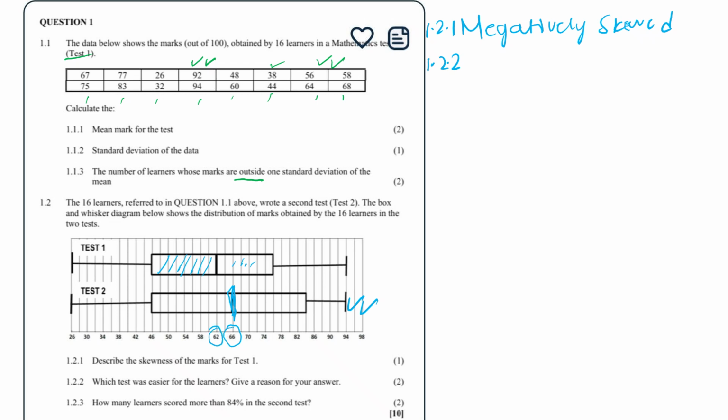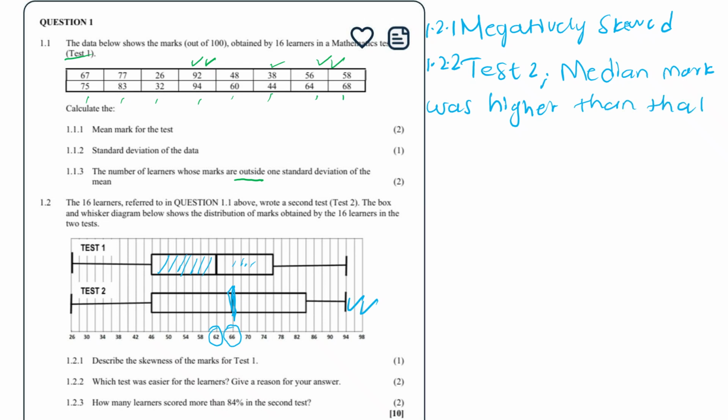Therefore, now test 2 was the test that was easier for most of the learners. Therefore, now we can say it is test 2, right? Because now the median mark was higher than that of test 1. Good.